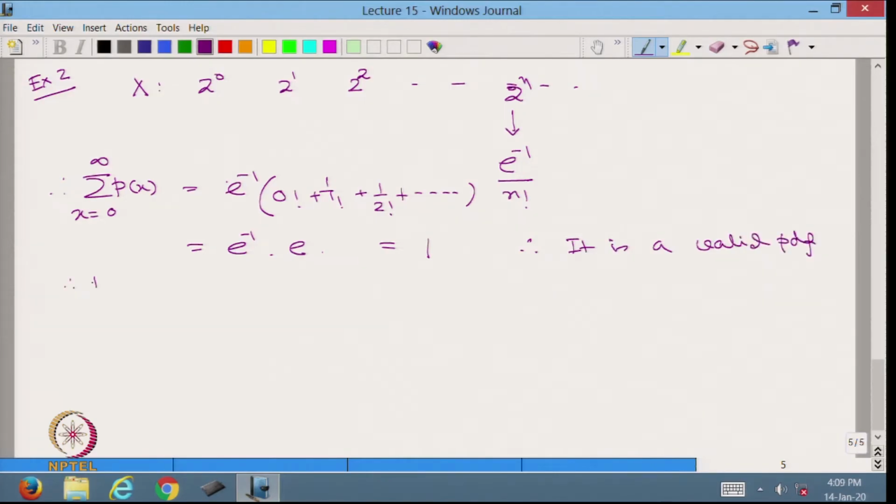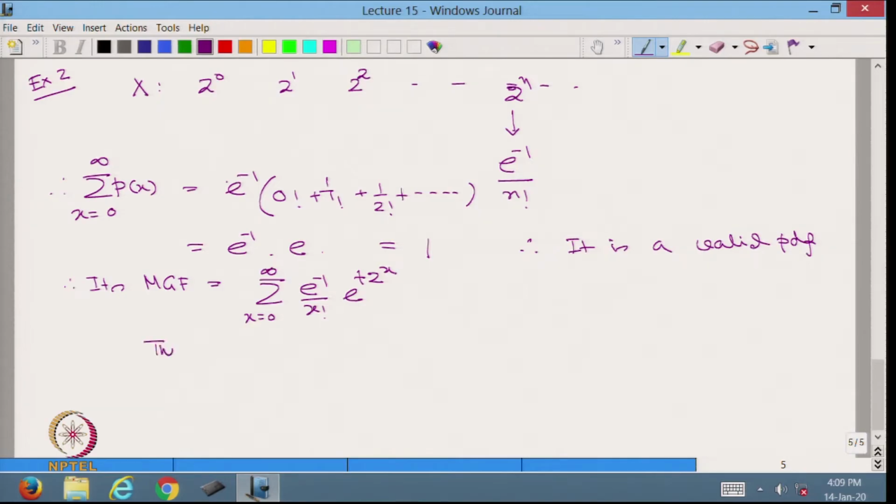Therefore, its MGF is equal to the sum of e to the power minus 1 upon x factorial into e to the power t into 2 to the power x, x from 0 to infinity.